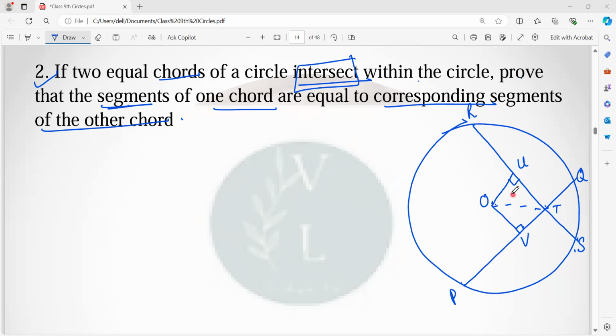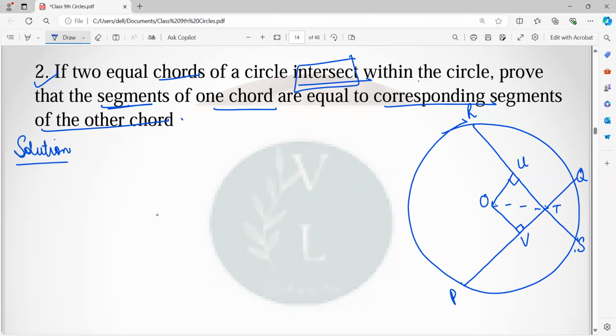So here we have OU equal to OV. So we'll try to prove triangle OUT and triangle OVT congruent. And then after proving the congruence, we will try to prove PT is equal to RT, TQ is equal to TS. All right. So let's get started.